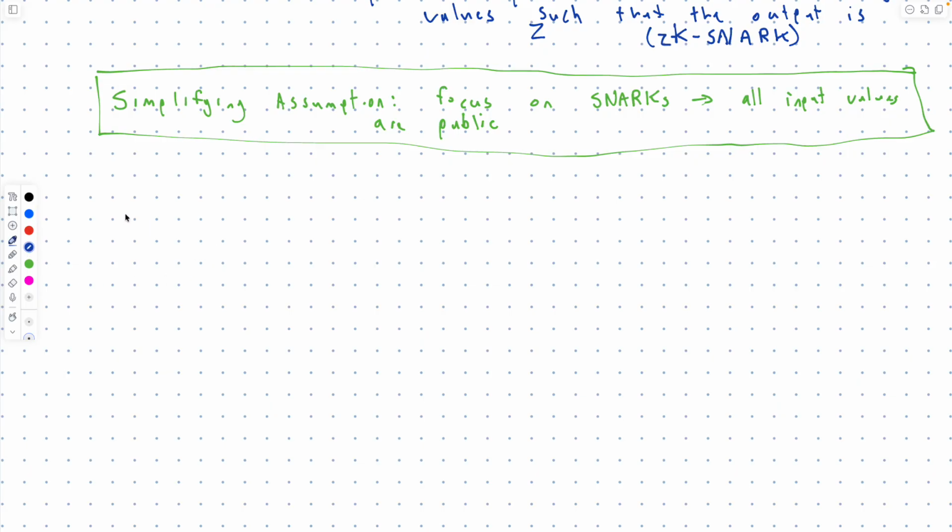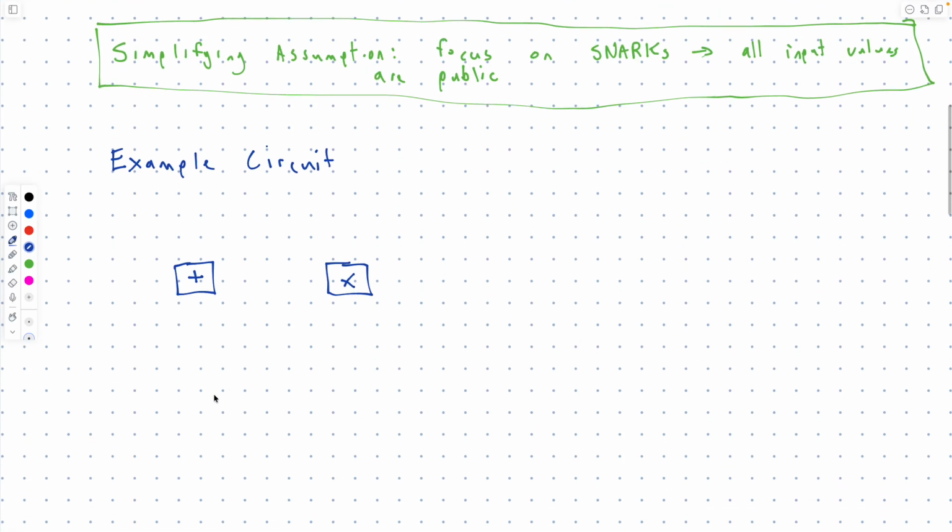Okay, so let's pick an example circuit, and we'll try and do a SNARK for it. So this is what your circuit might look like. Let's say we have an add gate, a multiply gate, maybe 2 more add gates, and a multiply gate here.